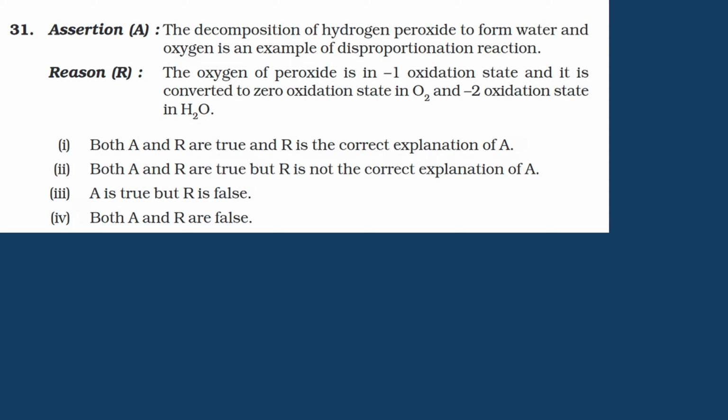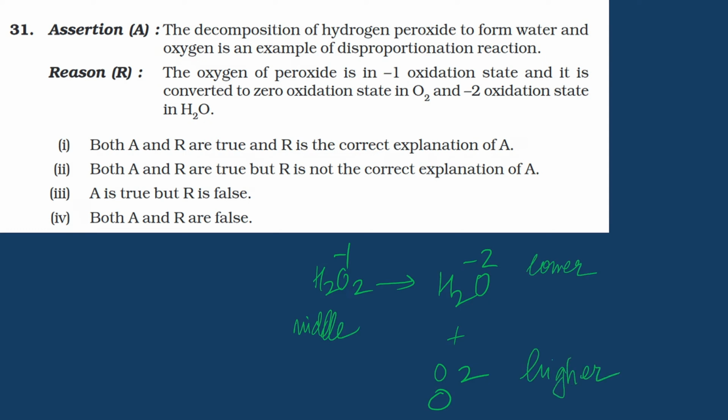Let's see. H2O2, H2O and O2. This is at -1, -2 and 0. So you've got a middle oxidation state and you've got a lower and a higher oxidation state as well. So yay, this works. This is disproportionation.